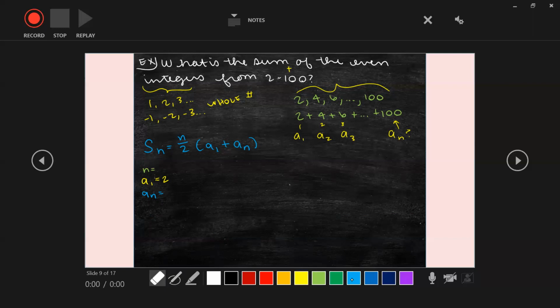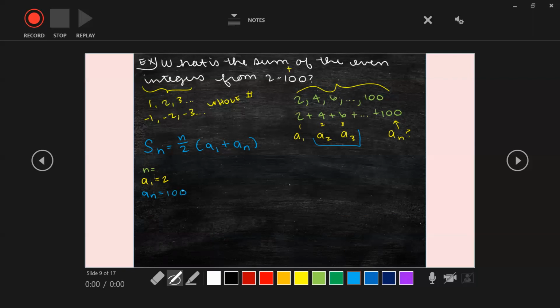So I just kind of gave it away, but what other term do you think we can identify here? Well, we have 2 and 3, but we're trying to look for n, a sub 1, and a sub n. So we have a sub n, which is going to be 100.